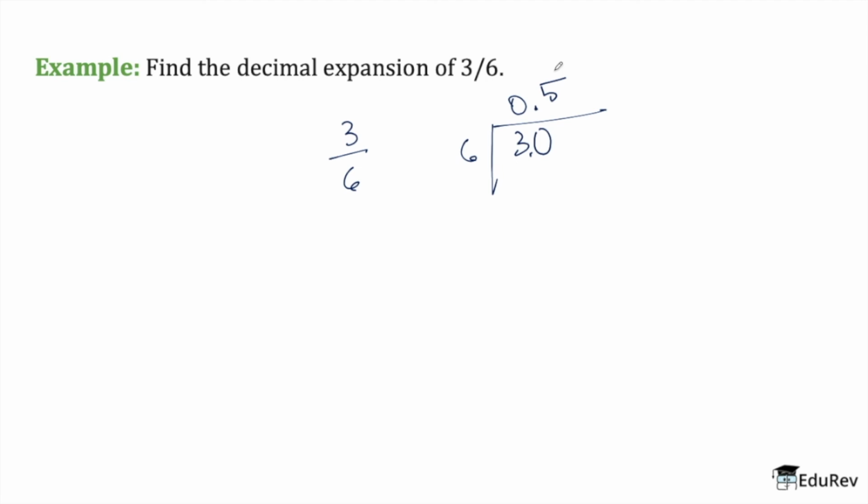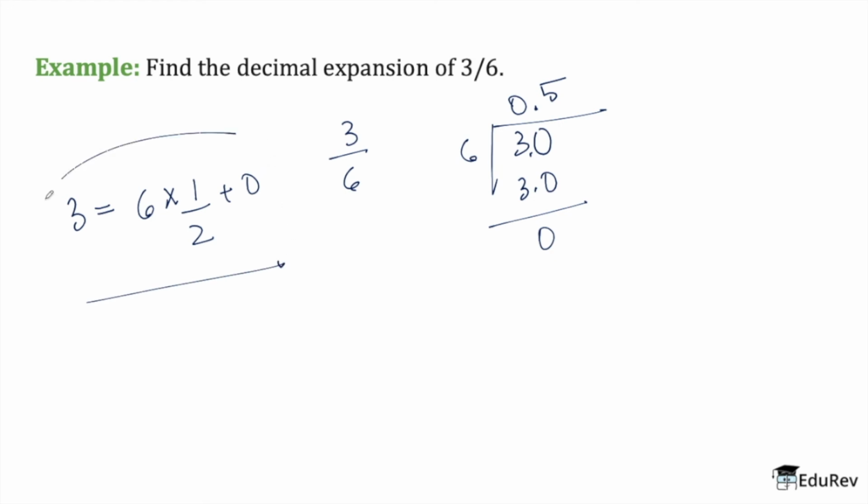So 5 here. So it's going to be what? 3.0 again. And it's going to be what? 0. Correct? That means I can write this as that 3 can be written as 6 into half plus 0. Correct? This is the equation which I have solved here.